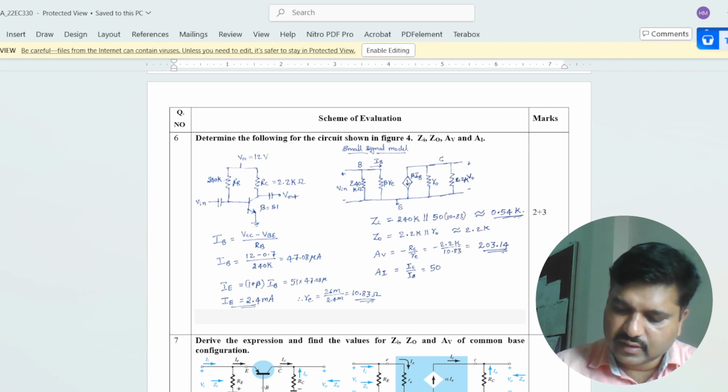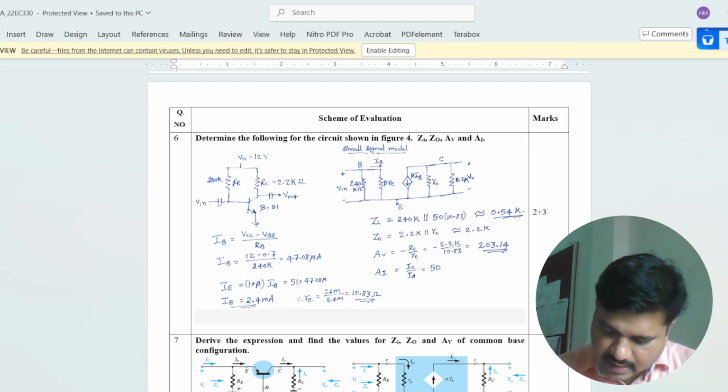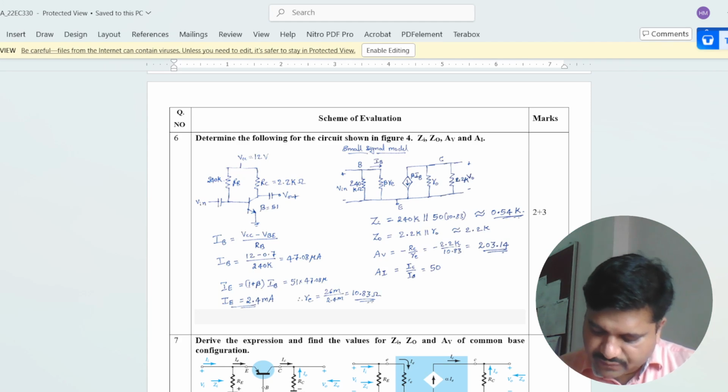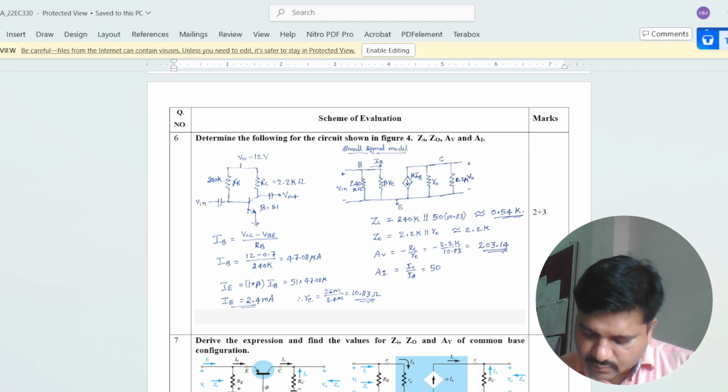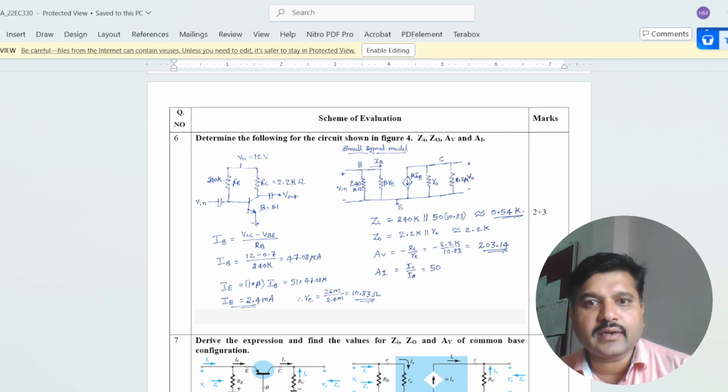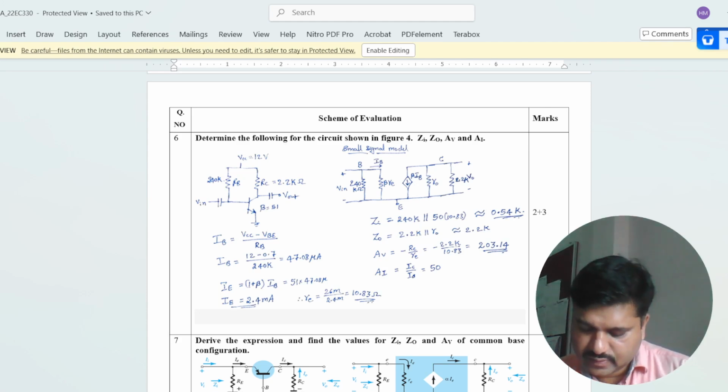This is 240 kilo. This is beta Re. Beta Re will be 51 into 10.83 ohms, which is around 510 ohms.